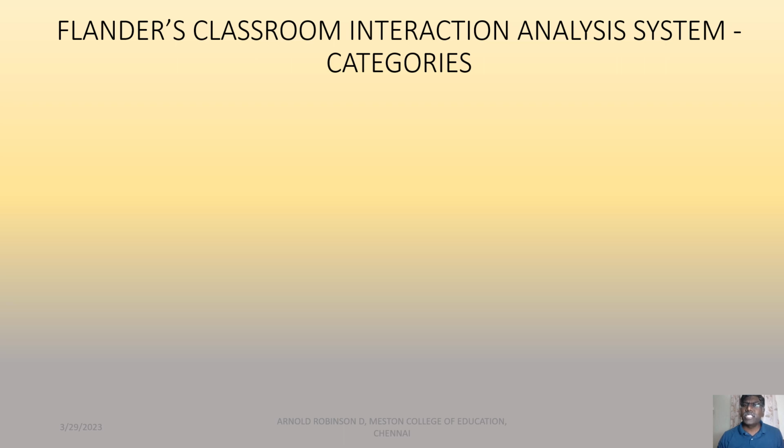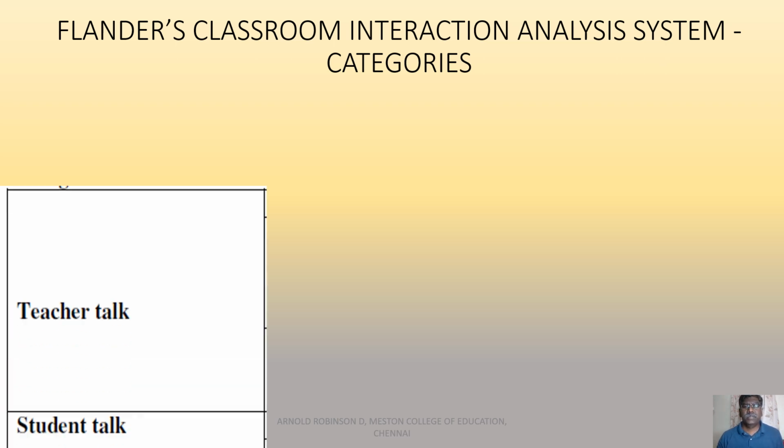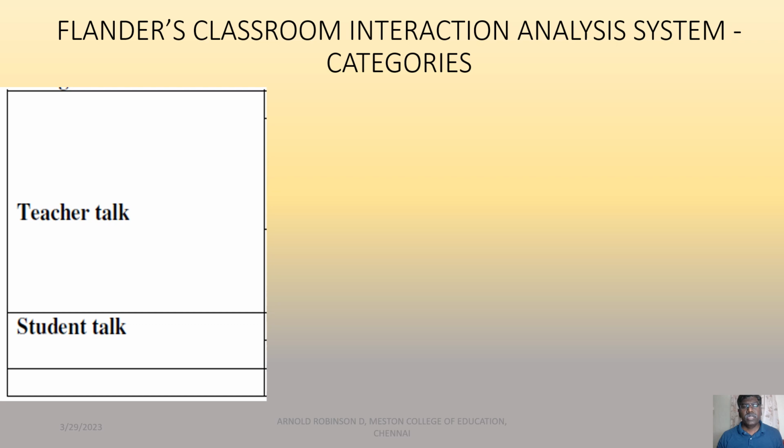The Flanders classroom interaction analysis system has many categories. These categories are divided into major parts, that is, teacher talk and student talk. One more area is there, that is silence or confusion.